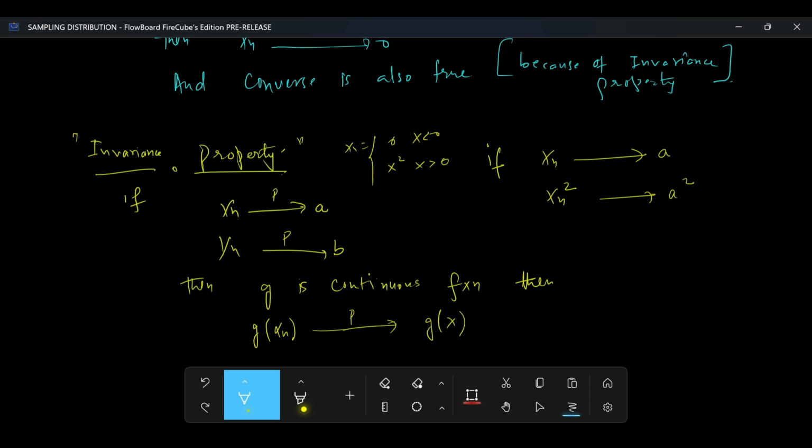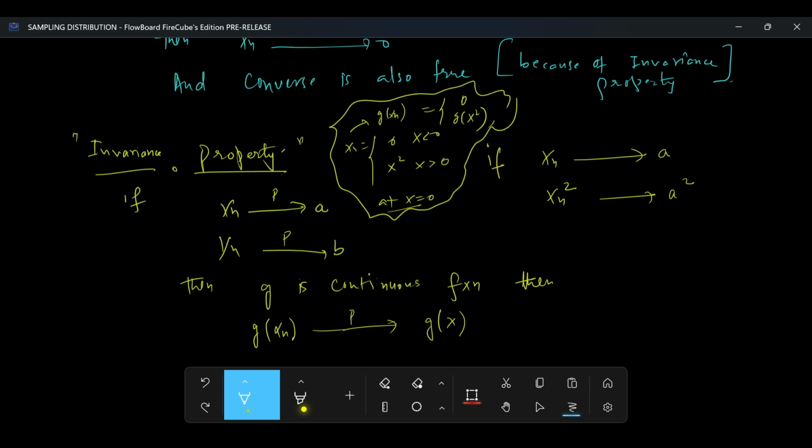Is this a continuous function? Yes, it is continuous at x equal to 0. Then if we take g of Xn, this will be g of X square.